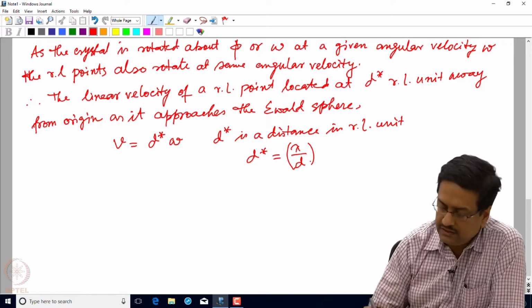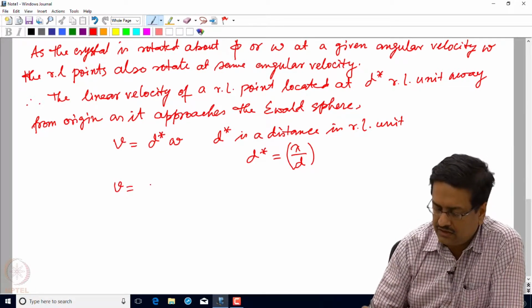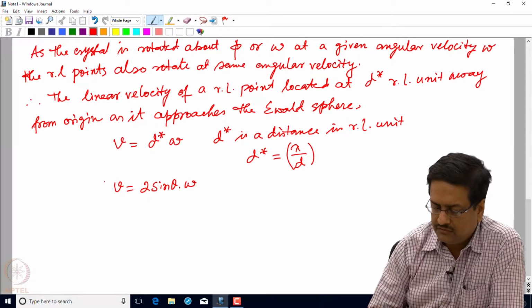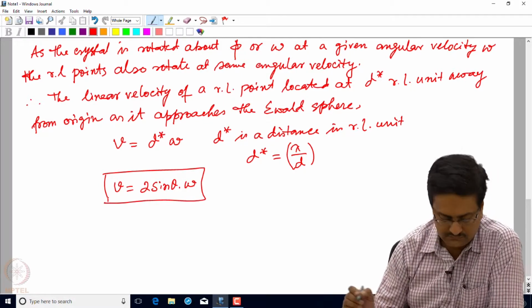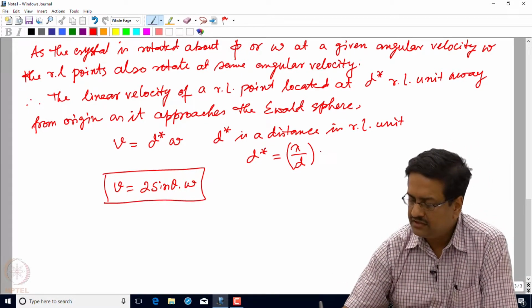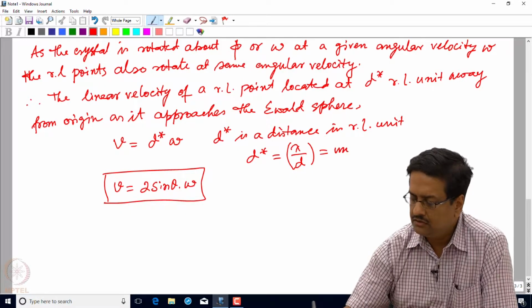So one can write this v is equal to 2 sin theta into omega following Bragg's law. This lambda by d is a unitless quantity.